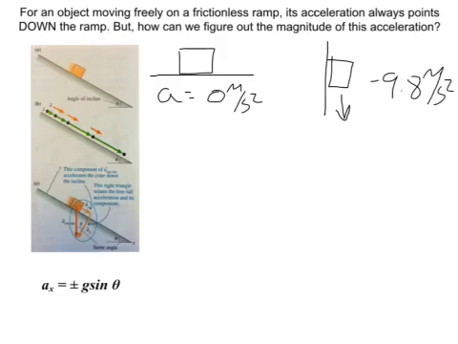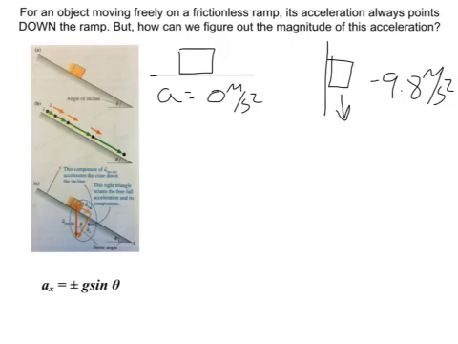So when the surface is perfectly horizontal, 0 acceleration, and when it's perfectly vertical, we have a 9.8 meters per second squared acceleration. So that tells us that the acceleration of an object moving freely on a ramp has got to be somewhere between 0 and 9.8 meters per second squared.